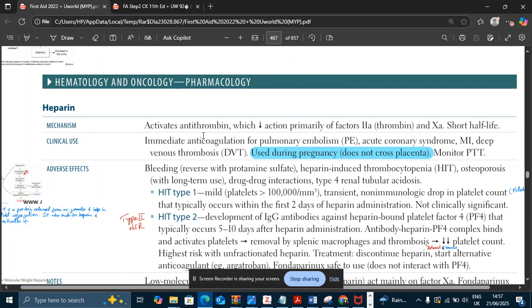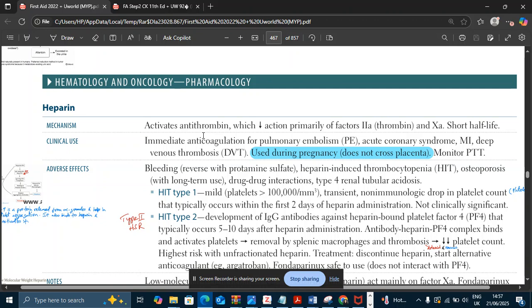Okay, so low molecular weight heparin mostly is working on factor 10A, not on factor 2A. Indirectly, factor 2 is inhibited, but directly they are inhibiting factor 10A, which in turn is inhibiting the conversion of prothrombin to thrombin, that leads to less thrombin production and anticoagulation.